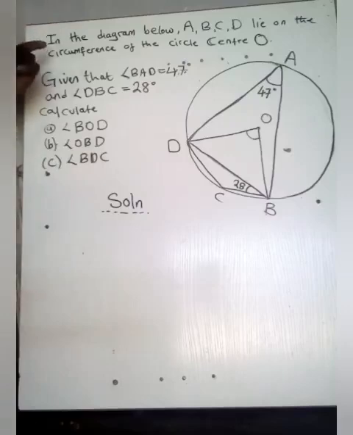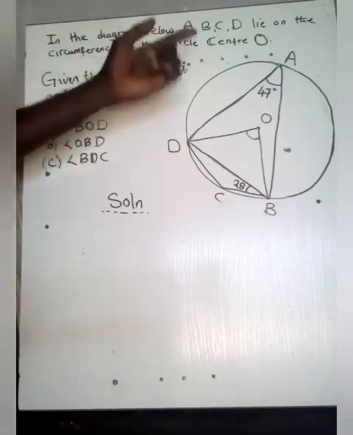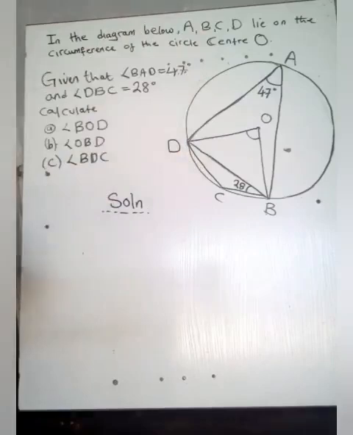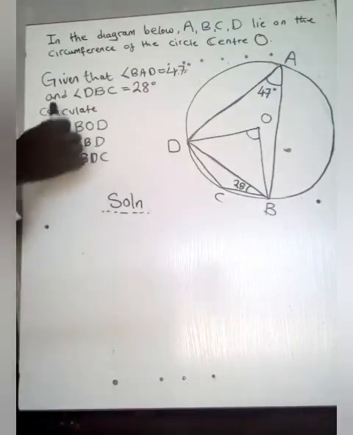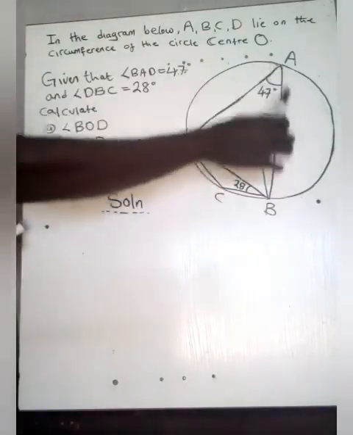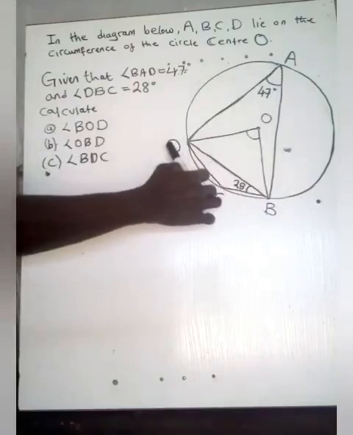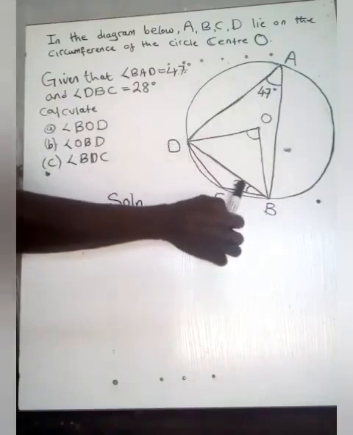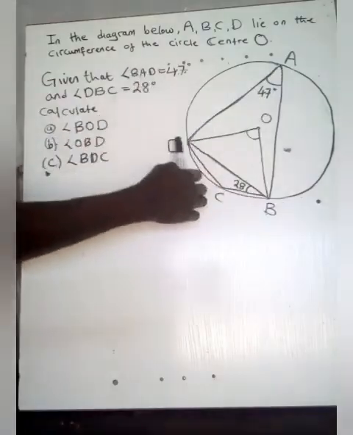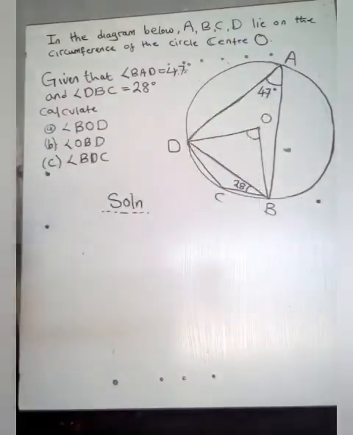Now, the question reads, in the diagram below, A, B, C, D, those are the points which lie on the circumference of the circle with the center O. Now it says, given that angle DBC is 28 and angle BAD is 47 degrees. So calculate BOD.